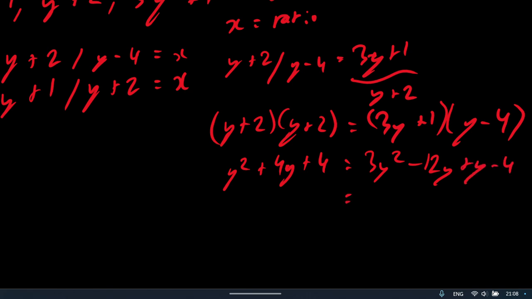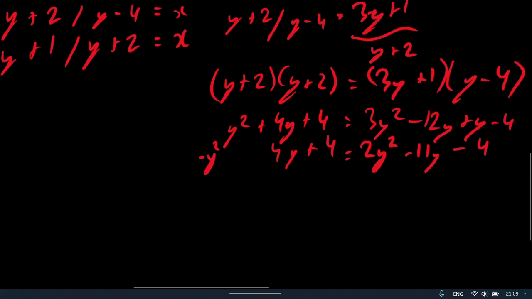Now you have to get the terms to one side, so that you get 0 on one side and can solve a quadratic equation. So let's subtract y squared, which gives 2y squared. The y term is negative 11y, because I did negative 12y plus y.